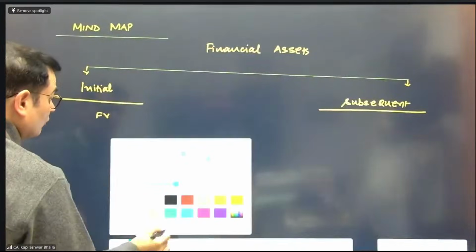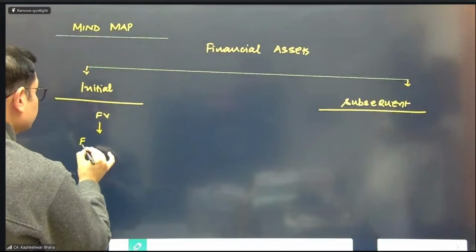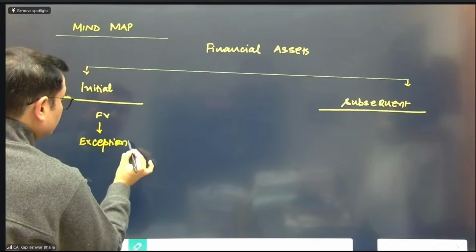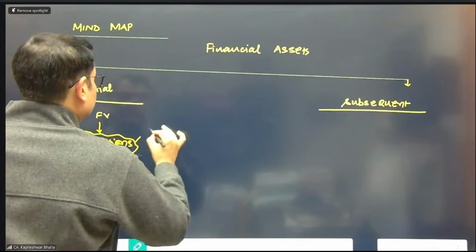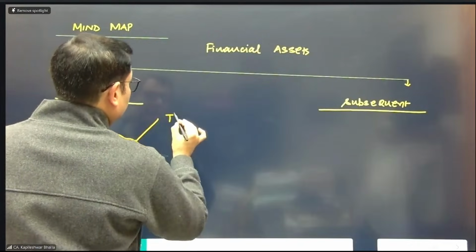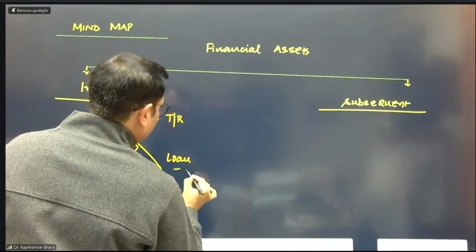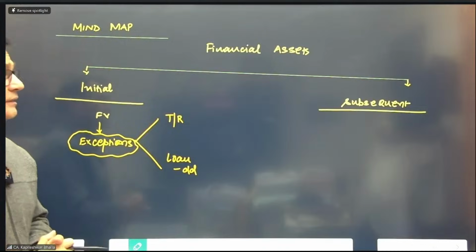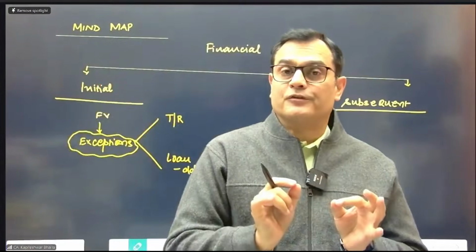We also remind ourselves that there are certain exceptions where we will not consider fair value but the transaction price. The two exceptions are trade receivables and a loan which is recoverable on demand. In these two cases we capture things at transaction price, not at fair value.